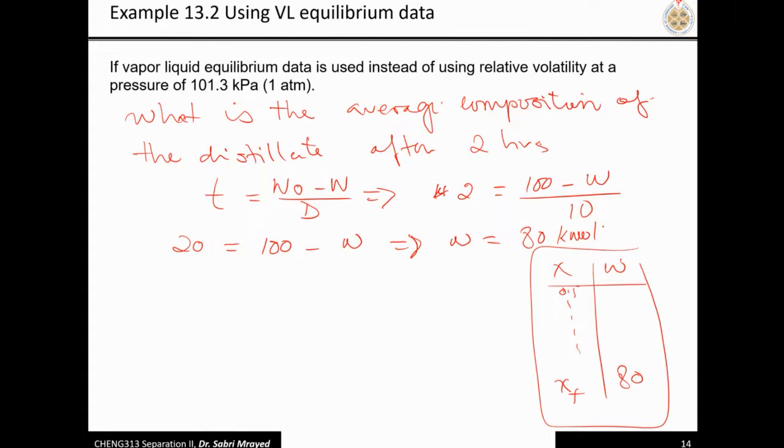Y average is basically going to be x0 W0 minus xw, you know x now because this is x final, divided by 100 minus w, and you know what the value of w is.